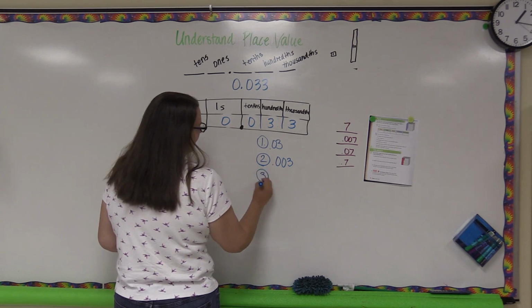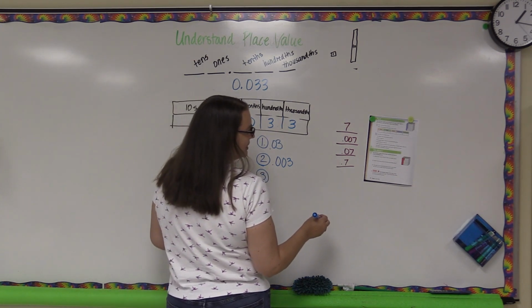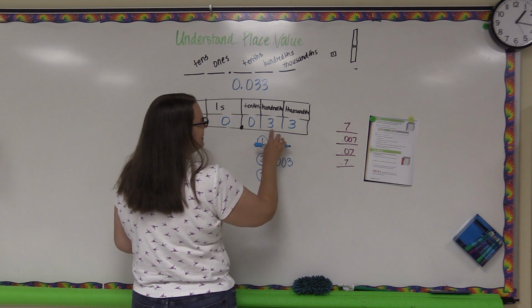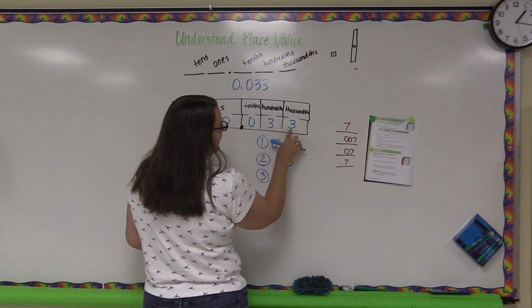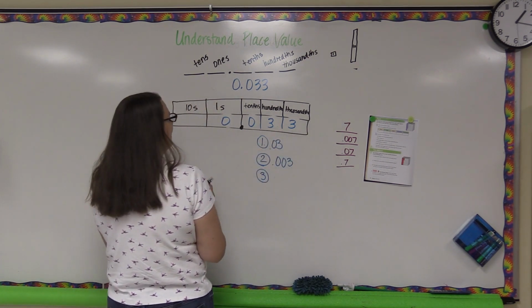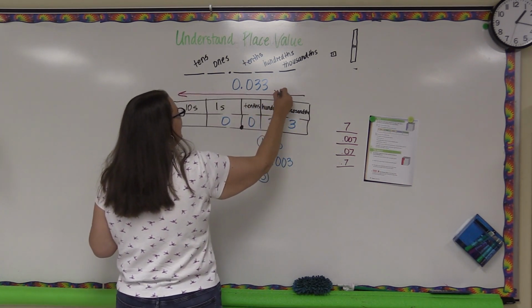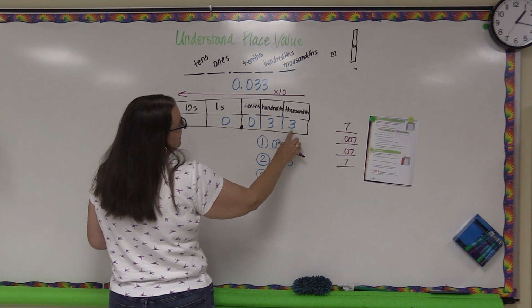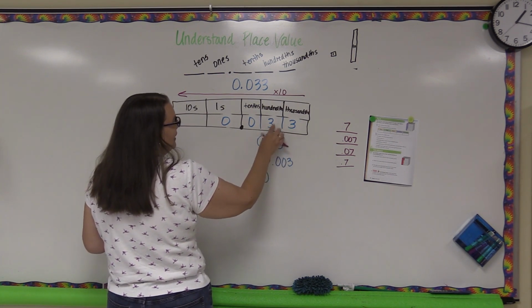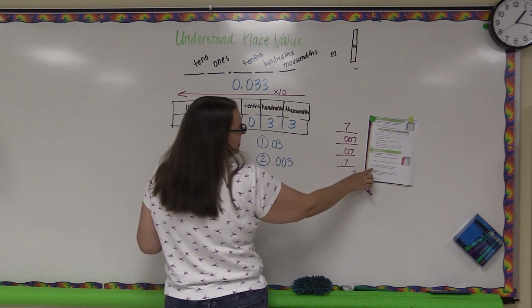Number 3 down there. The digit in the hundredths place is how many times as much as the digit in the thousandths place? Well, remember, every time we move a place value spot to the left, we're multiplying by 10. So if we're moving from here to here, it's one spot, so it's 10 times bigger.